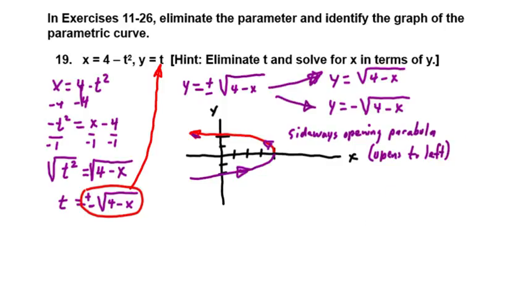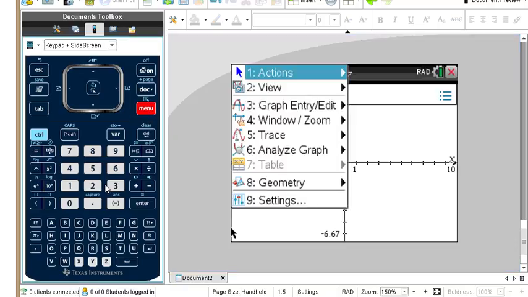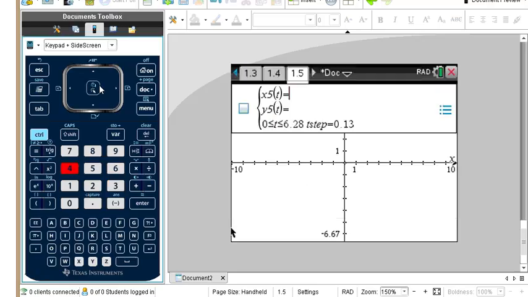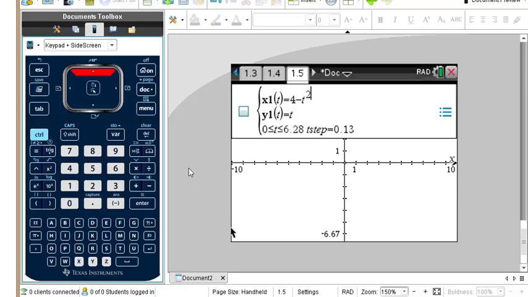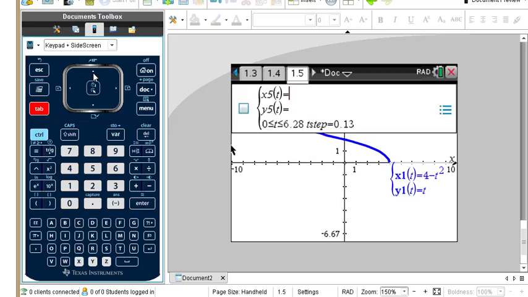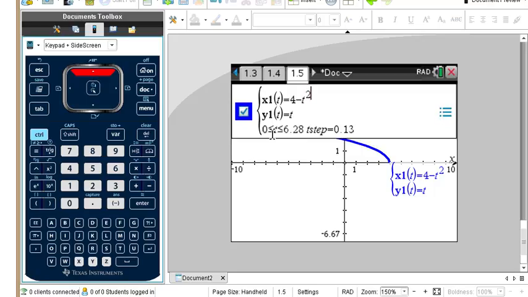And then finally, if we go to our graphing calculator, I previously put in the equation here parametrically, and here it is for part 1, and we get this upper half like this, and we can go ahead and find the lower half if we set the lower unit time.